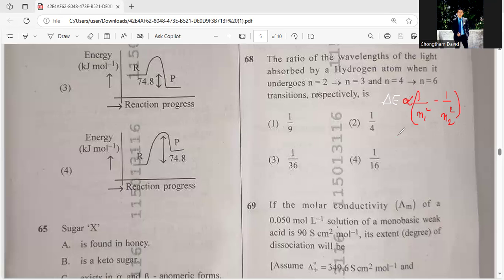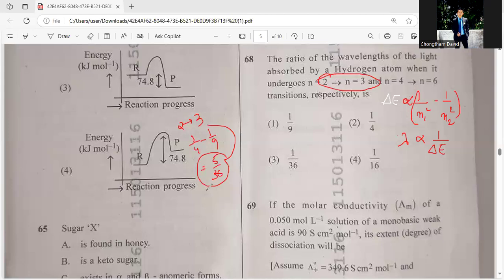So it is now equals to, can I say, lambda is also inversely proportional to change in internal energy. So 2 to 3 transition, for this transition you have 1 by 4 minus 1 by 9, the LCM is 5 by 36. And in the same way for 3 to 4 would be 1 by 9 minus 1 by 16 equals to 7 by 144.